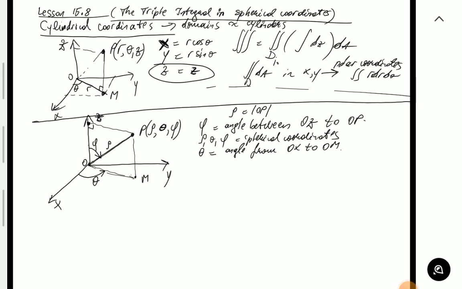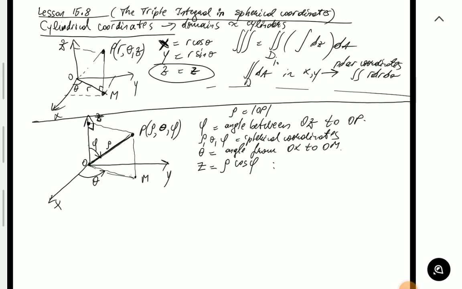So if you look at this right triangle, OP and OZ, that forms with the z-axis, notice the z-coordinate is going to be the adjacent side to phi. So the z-coordinate is going to be the hypotenuse, which is rho, OP, cosine of phi, okay, because it's the adjacent side.